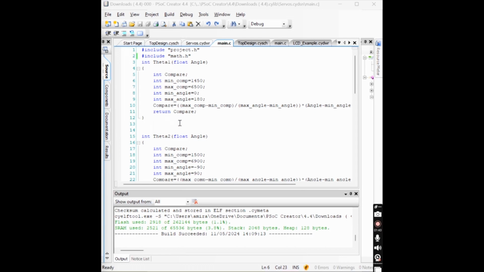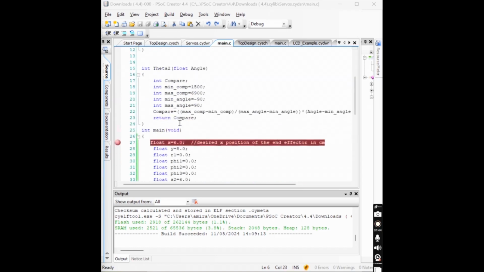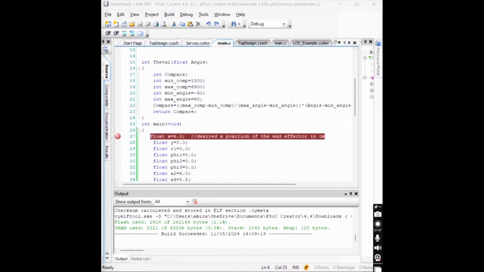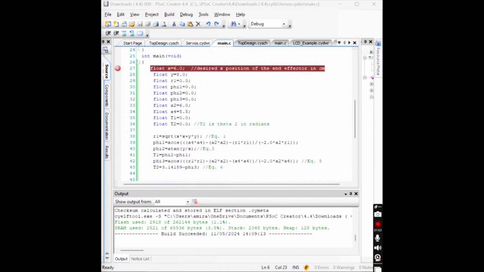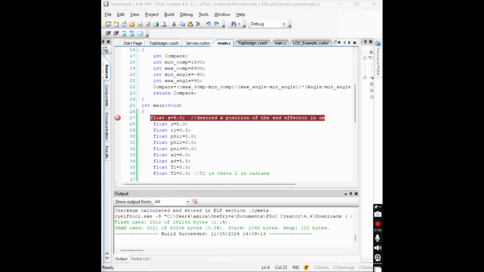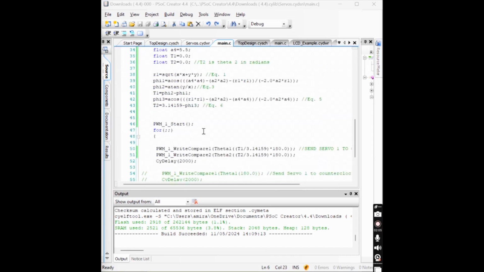Next, we're going to talk about the initial theta 1 and theta 2. Main, which is currently right here, with the positions of X and Y representing desired end effector coordinates in centimeters, and A1 and A2, which denote link lengths for the manipulator arm. Here is R1, which is some of the calculations we did over here.